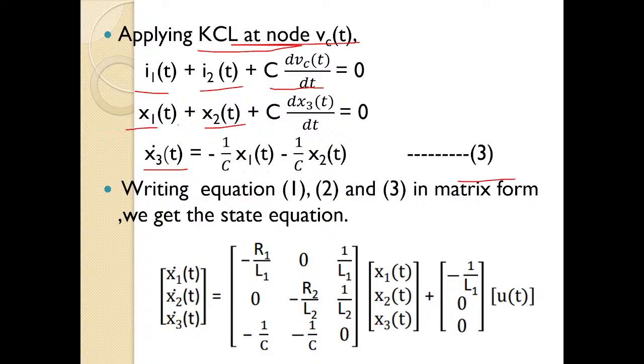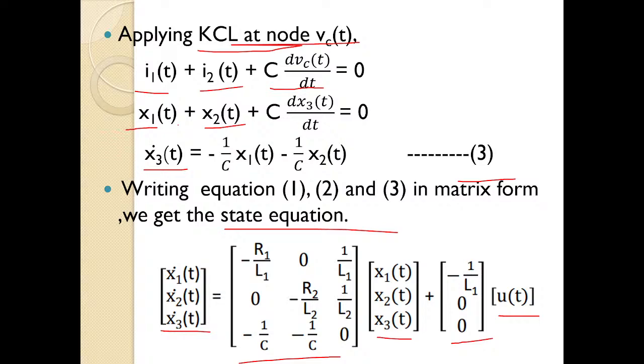Now rewrite all the terms. Whatever three equations are there, you write them in matrix form and you will get the state equation. These are the coefficients of x1, x2, x3, and for u of t, these are the coefficients. So u of t is there in how many equations? Only one equation. In the equation for x1 dot of t, u of t is there.